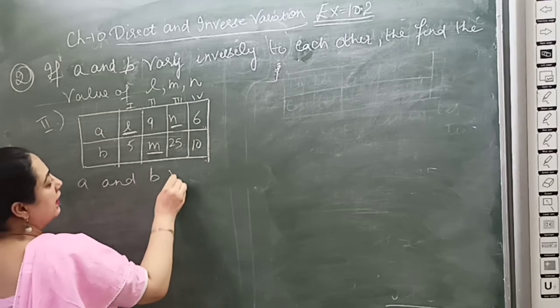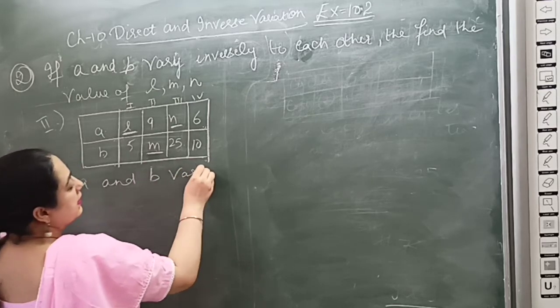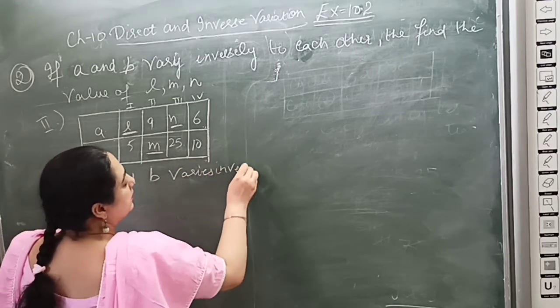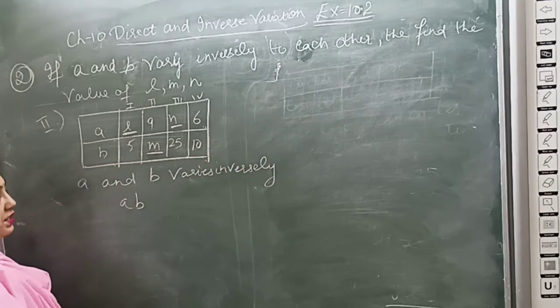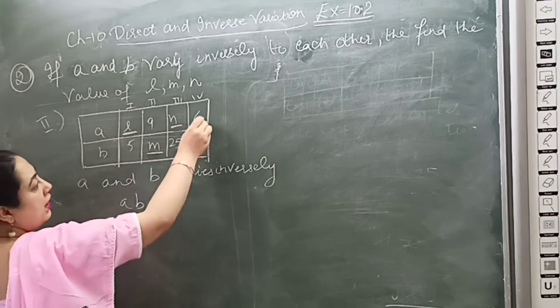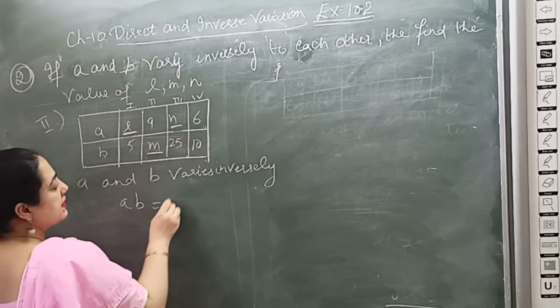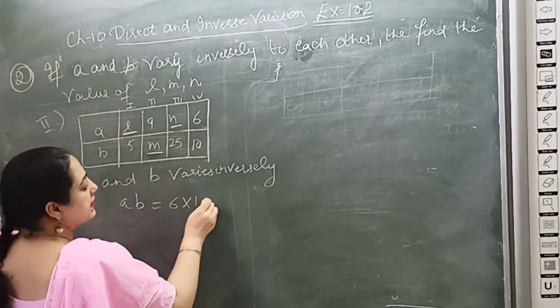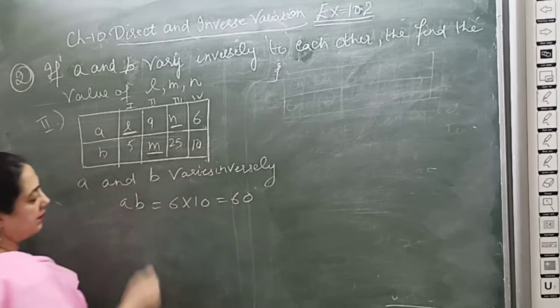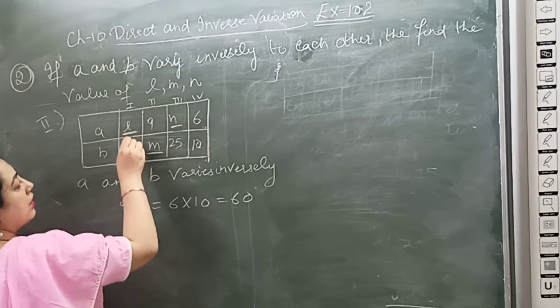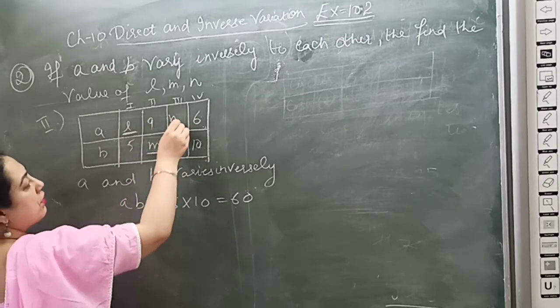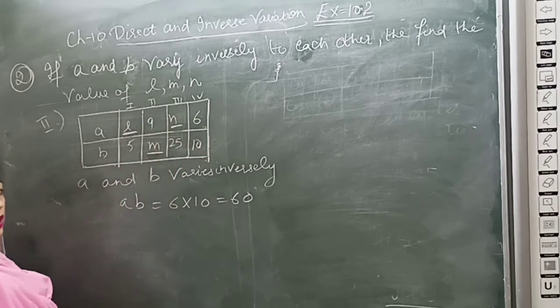Here A and B vary inversely. In the fourth column, we see the constant is 6 into 10, that is 60. Now I equate this 60 with the product of the values of the first, second and third columns, and then I find the values of L, M and N.